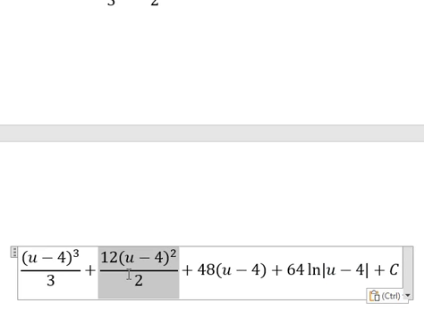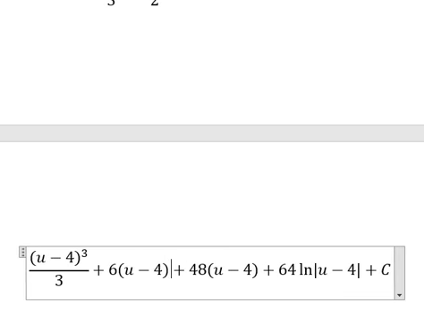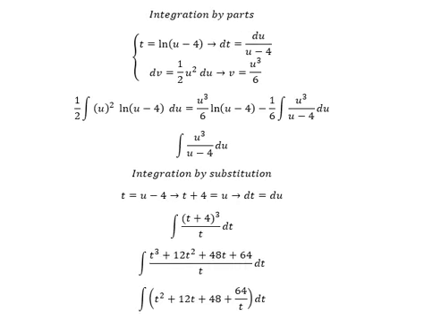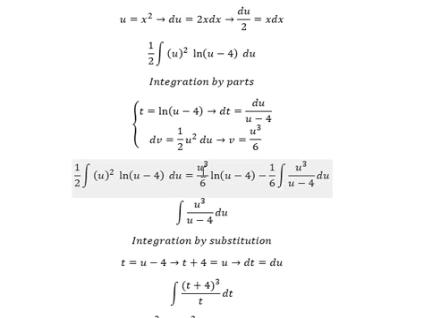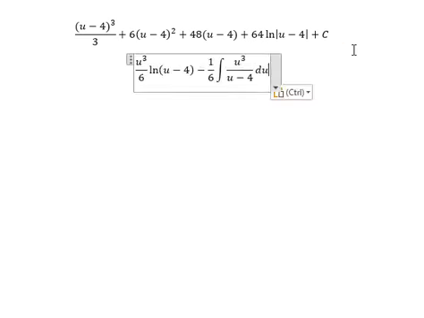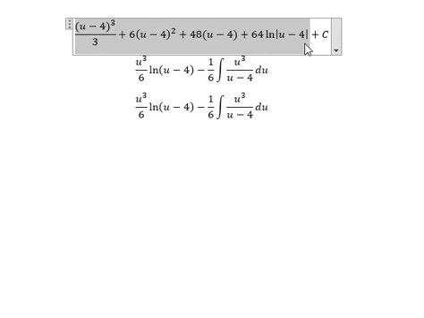Now we simplify this one. So we go back in here. The integration of this one is this one.